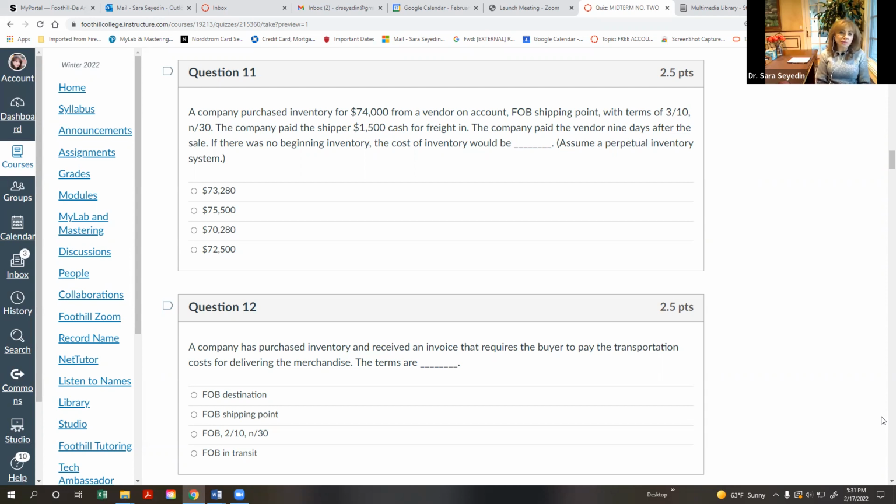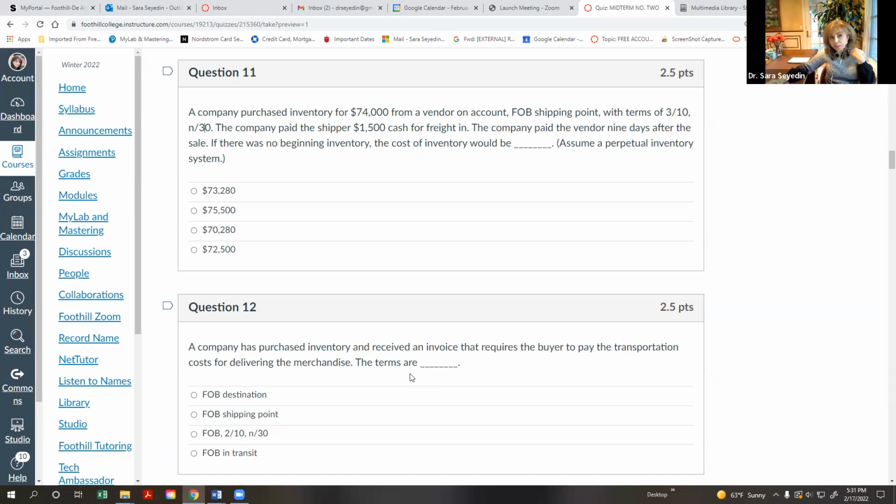Okay, so a company purchased $74,000 from a vendor, FOB shipping point, 3/10 n/30. That means that if the company pays within 10 days from the date of the invoice, they get a 3% discount. Otherwise, the entire amount is due in 30 days.